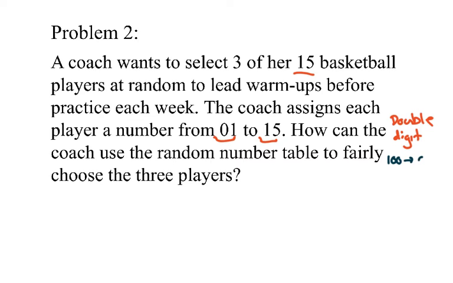So 1 would technically be 001. So what I'm going to do is I'm going to look at my random number table in pairs. So I'm going to look at pairs of numbers in the table.